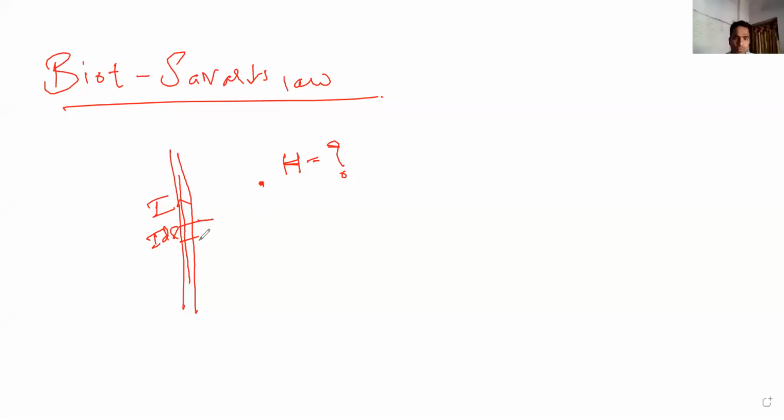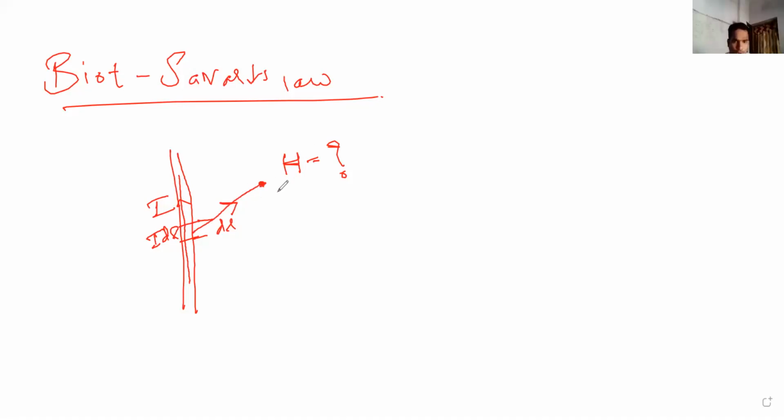This is of length dl, a very infinitesimally small current element, and from there the magnetic field is directed in this direction.